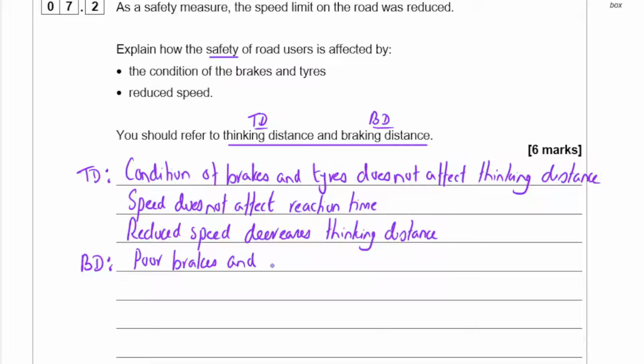And poor tires or worn out tires. If the brakes are bad and the tires are worn out, then the braking distance increases.